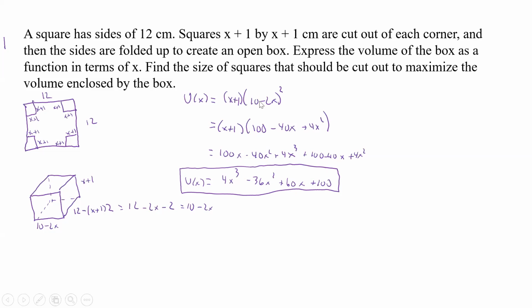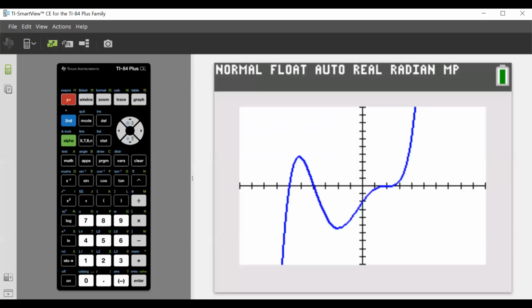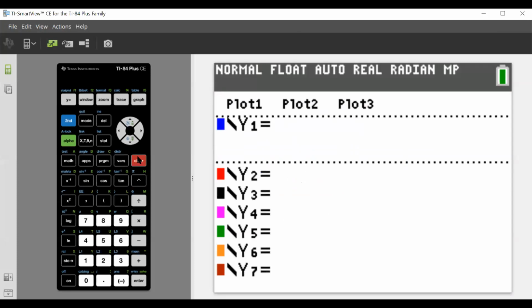So let's share the calculator again. So y equals, let's clear that. And we had y equals 4x to the third, and then minus 36x squared plus 60x, and then plus 100.